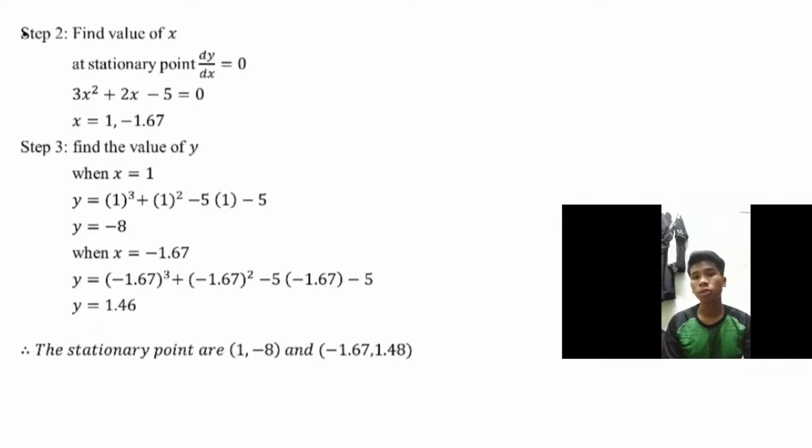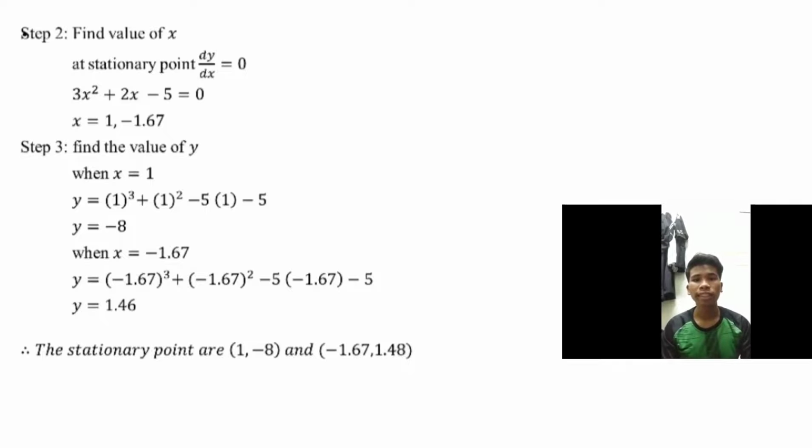Now we will go to the third step, which is to find the value of y when x is equal to 1. Then we put y equal to 1 to the power of 3 plus 1 squared minus 5 multiplied by 1 minus 5. After the calculation, we get y equal to negative 8.